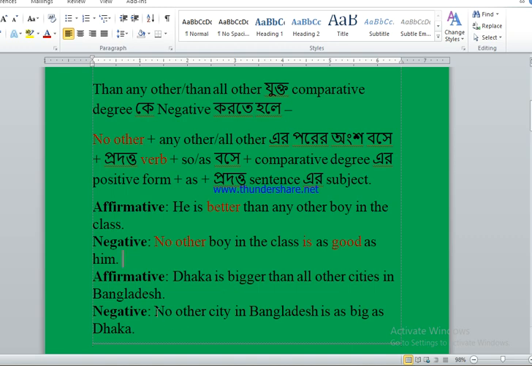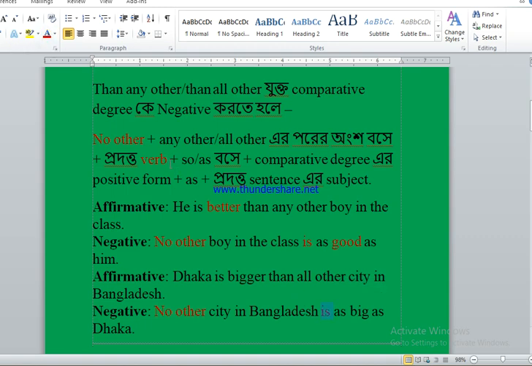At the very beginning of the negative sentence you will put "no other", then the rest of the words of the comparative degree, "city in Bangladesh". Then you will use the verb "is".